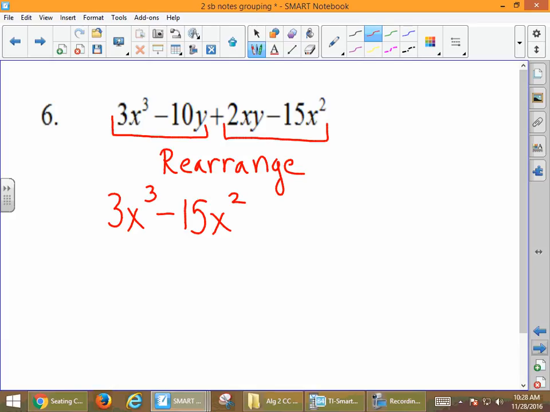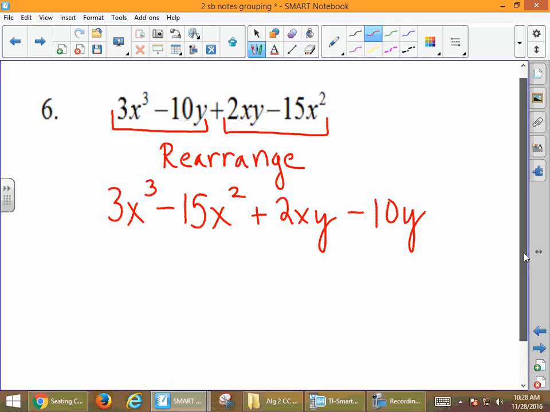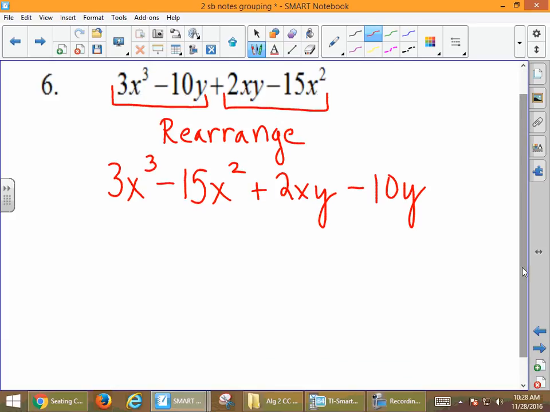We're going to descend again with the plus 2xy, because the exponent on this x will be 1. So we've got 3, 2, 1, which means that our last term is going to be the minus 10y, because there's 0 x's on that one. And now that we've rearranged this problem, we have at least a good chance of being able to factor by grouping.